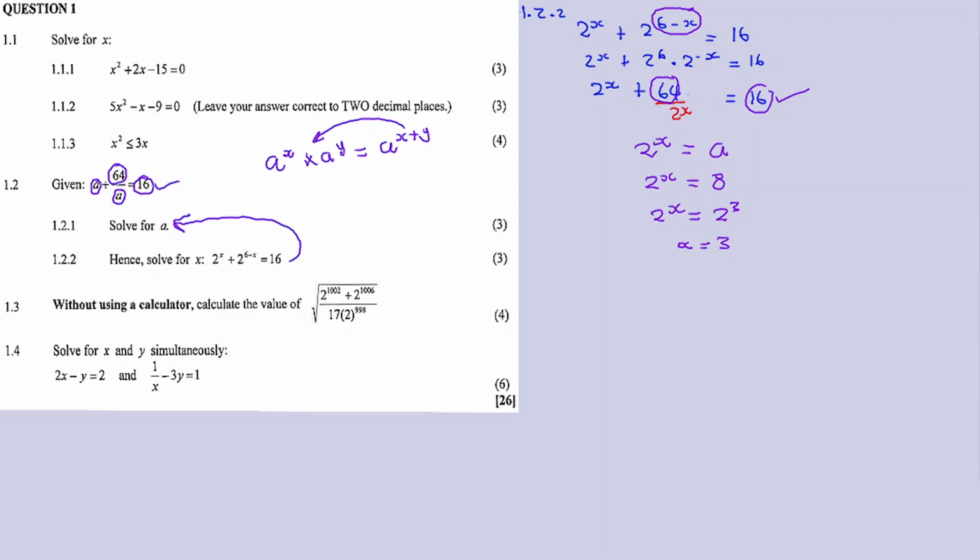Now we go to 1.3. They give us this one, and we must simplify without using a calculator.